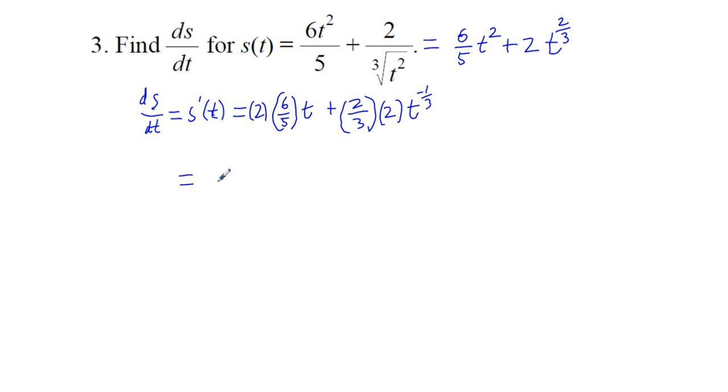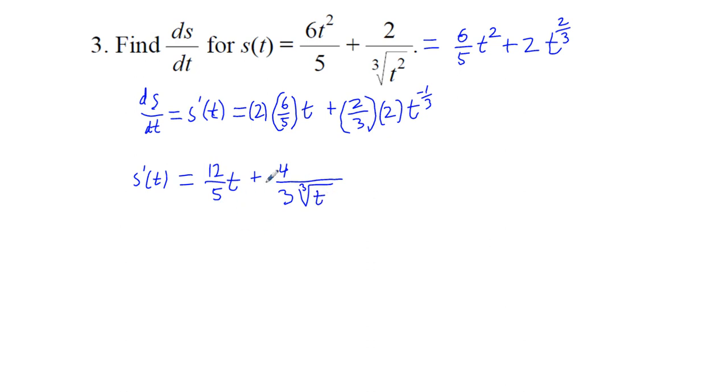And then further simplifying, here we have s prime of t equals 12/5 t, and then 2 times 2 will equal 4. So we have 4 over 3, and this t to the negative 1/3 power comes down here as cube root of t.